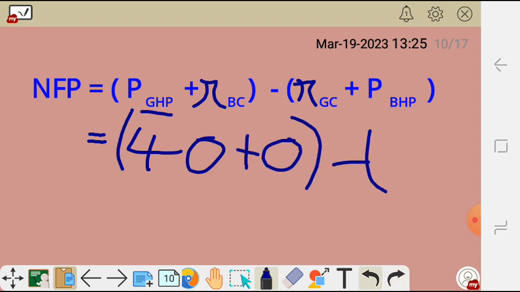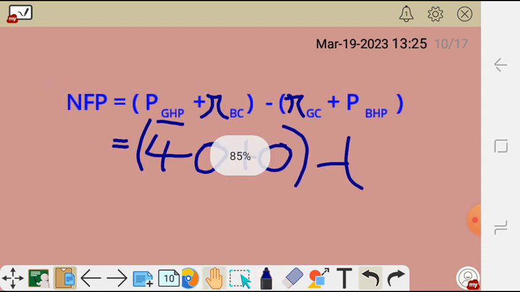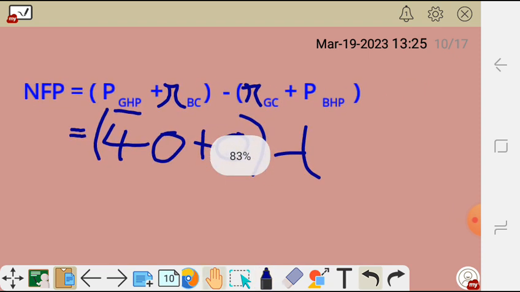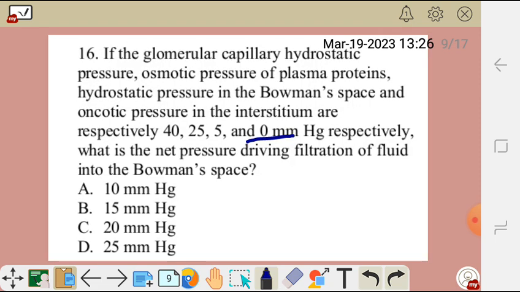And then minus, okay, minus, we subtract the pressures which are pushing our filtrate back into the bloodstream. So in this case we have the oncotic pressure in the capillaries. The proteins in the capillaries would want to pull water back into the capillaries, so that pressure here is 25.